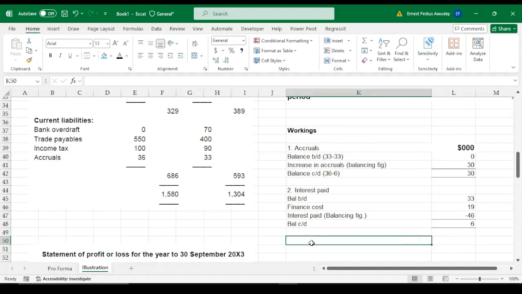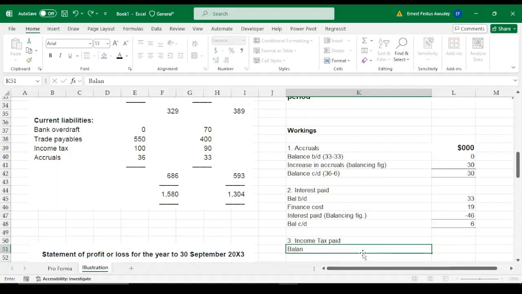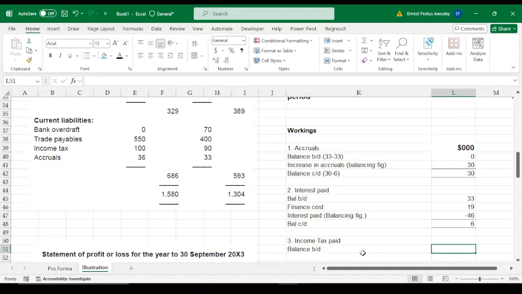Now, quickly let's do our income tax paid as well. So we have income tax paid, and that is also presented similarly to the interest payment. So we will have our balance brought down. Now, tax can be current tax and deferred tax.